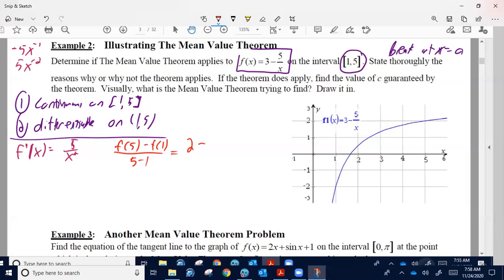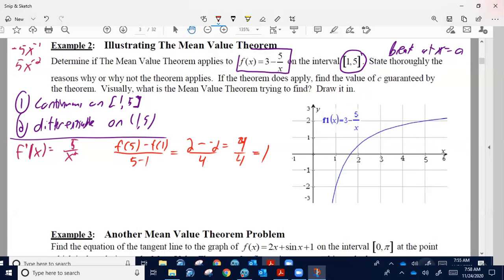If we plug 1 in, 5 over 1 is 5. 3 minus 5 is a negative 2. So 2 minus negative 2 is going to give us a positive 4 on top. 5 minus 1 on the bottom is a 4, which means the average rate of change is a 1. The slope between those two points is 1.